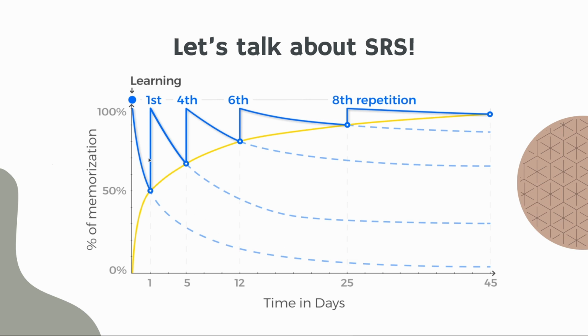SRS works by reminding us of the information just before we forget it, at this point right here. Each time we review, the curve flattens, meaning we remembered for longer. The more we review at the right time, the better we remember, and we need to review less often. So it's amazing, isn't it?